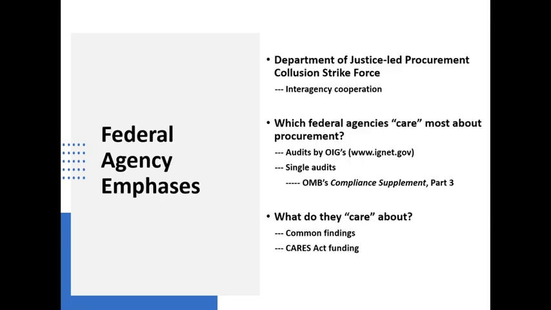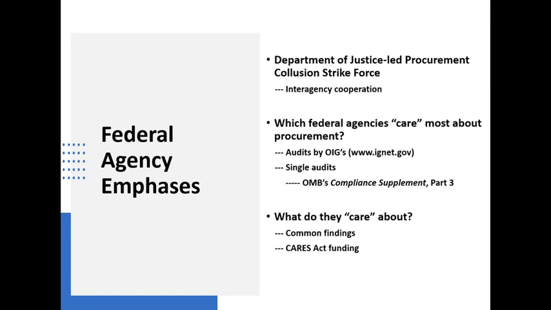And taking a look at some of the more prominent agencies on this subject is a lesson in what can go wrong in grants administration related to procurement. So, go online to ignet.gov, link up with the Inspector General of the agencies your organization does business with directly or gets pass-through money where it originated at the federal level, and take a look at some of the things that have happened.